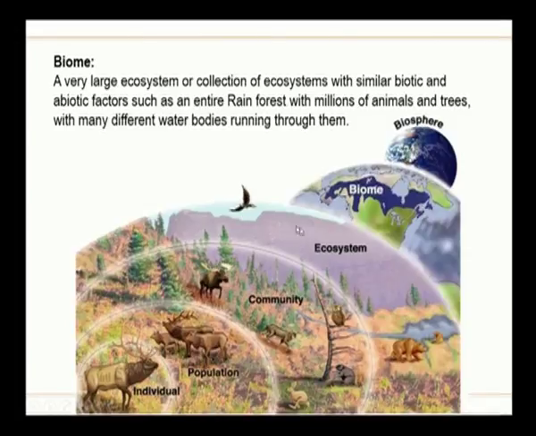So it has the environment and this community, which is a part of this population and which is an individual as well, connected by the environment, sunlight and air, and all of this together forms a biome, which is more of a country level ecosystem, and this is a part of the biosphere, which is the entire earth.